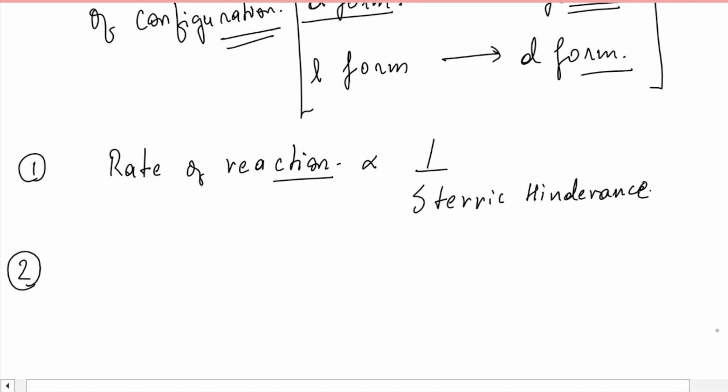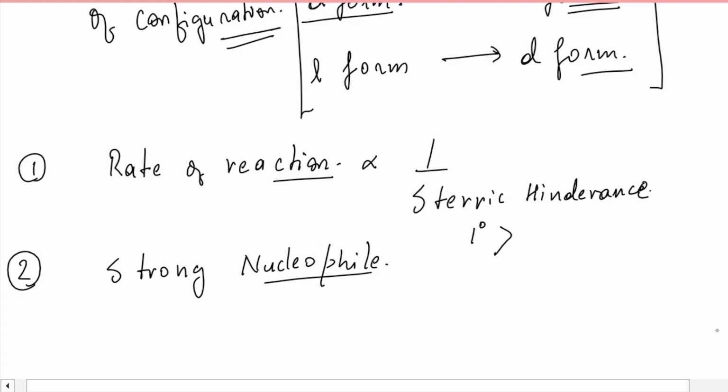Second, what we need here is a strong nucleophile. Because of this, primary will show maximum reactivity for the SN2 reaction, then secondary, then tertiary.